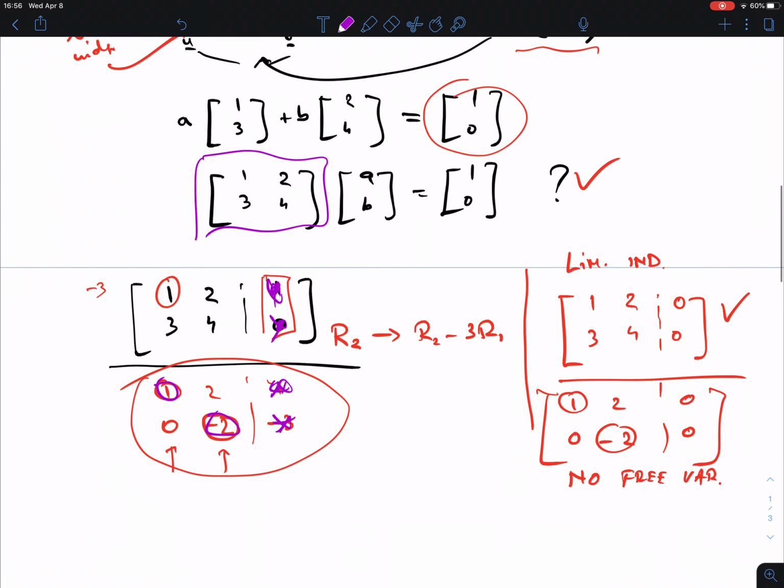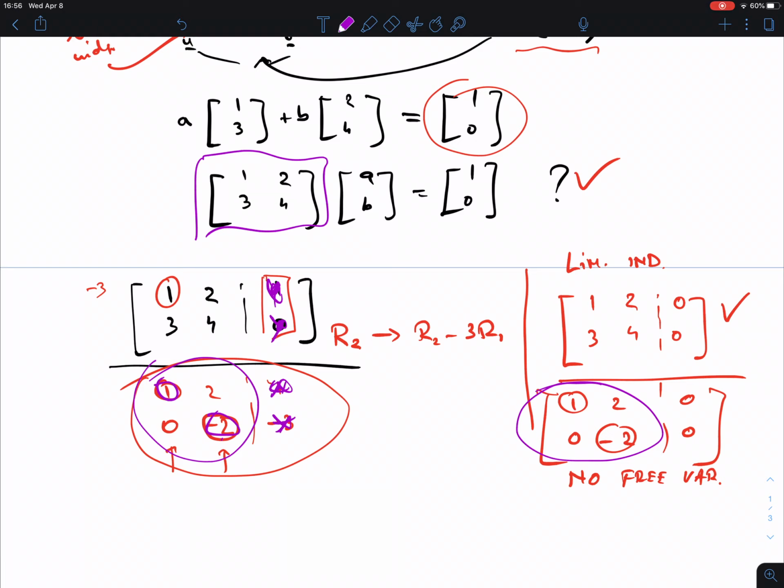Because you have to have pivots, and no pivot can be in the last column. In other words, all your pivots must be in the matrix itself. If one of these columns did not contain a pivot, that would give you a free variable.